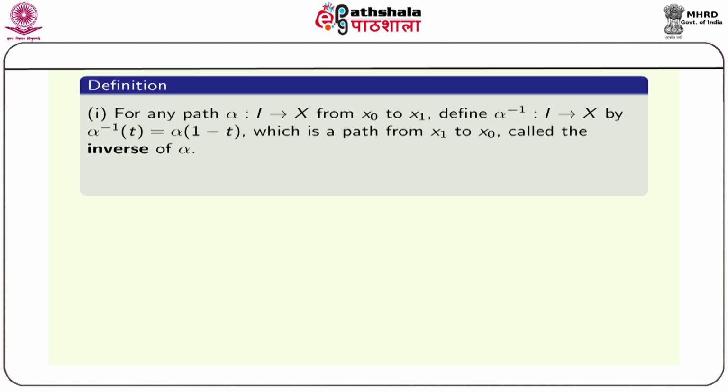Here if we put t equal to 0, we get alpha inverse 0 is equal to alpha 1, that is x1, and if we put t equal to 1, then we get alpha inverse 1 as alpha of 0, which is x0. So, alpha inverse is just a path in the reverse direction of alpha, and we call it the inverse of alpha.